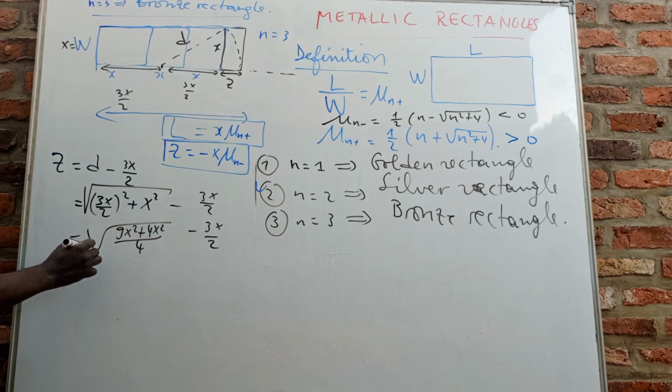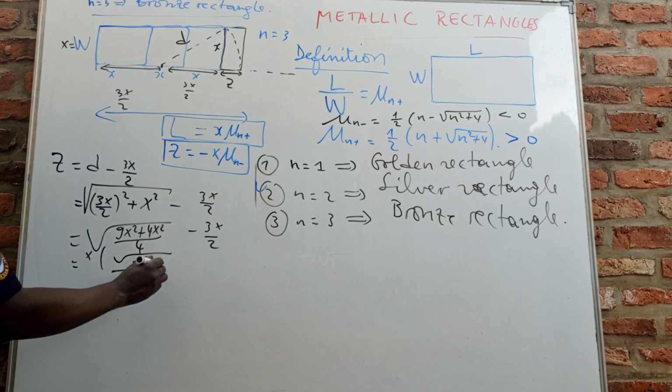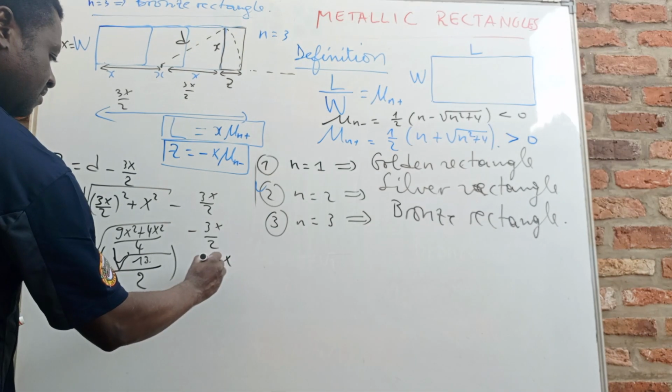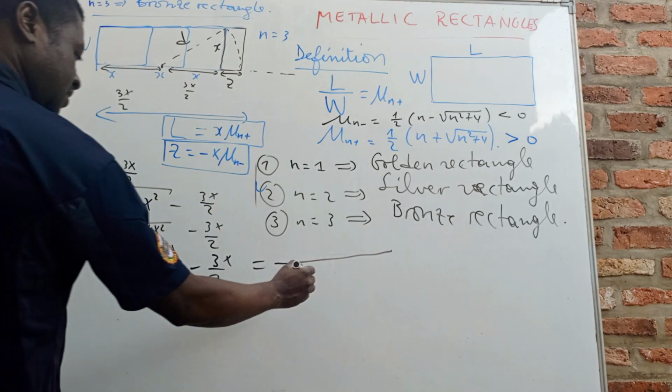I can factor x out now, and I get the square root of 13x squared. The x squared has been factored out, over 2. If I factor 4 out of the square root it becomes 2. So now I have this square root. Now we move 3x over 2, so we put on a common denominator, which is 2.